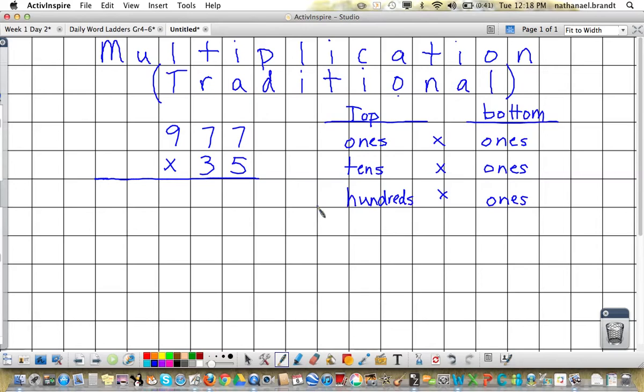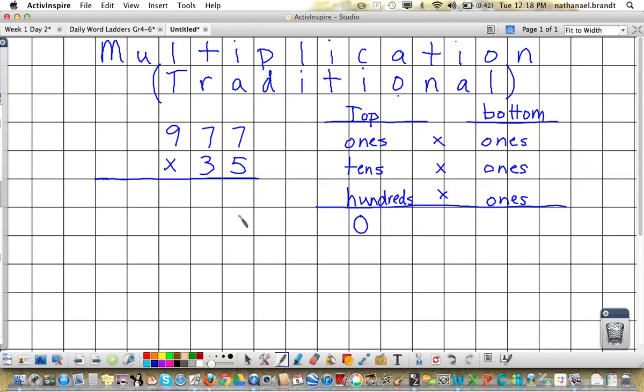So after we've multiplied by the ones place, now we're going to multiply by the tens place. Before we multiply by the tens place, we're going to put a 0 down as our placeholder, because we're no longer multiplying by the ones place.